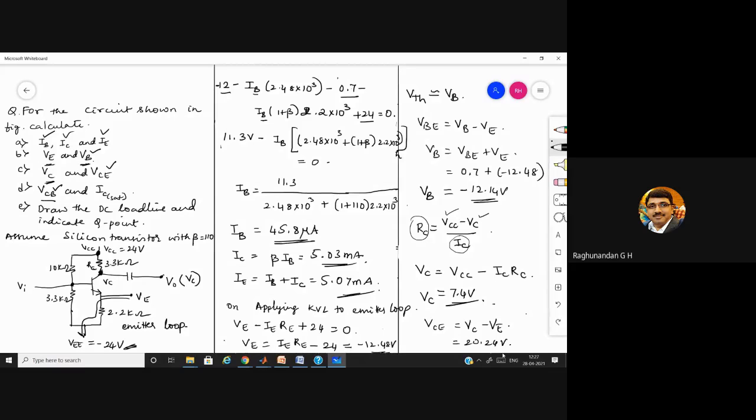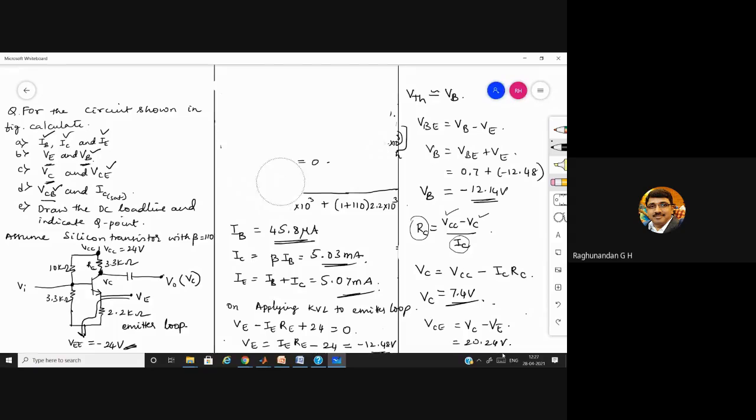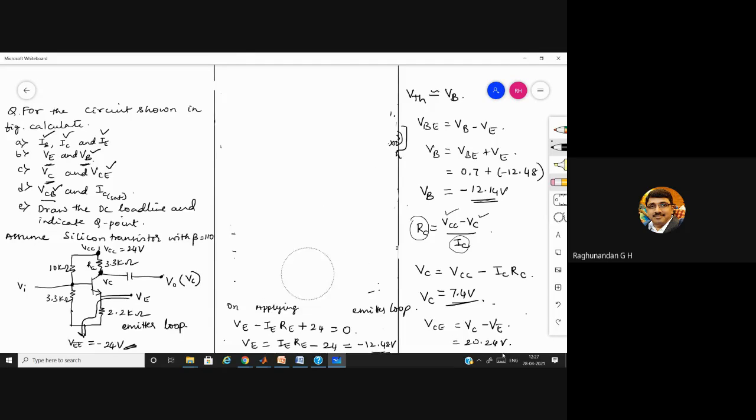What will be the formula for VCB? It will be VC minus VB. VCB is equal to VC minus VB, which is 19.54 volt.